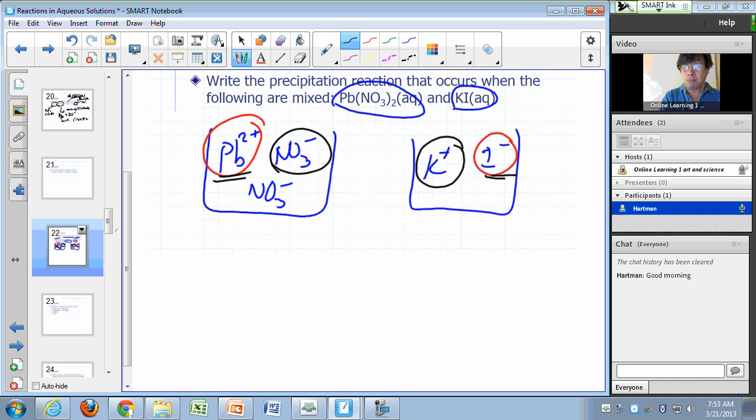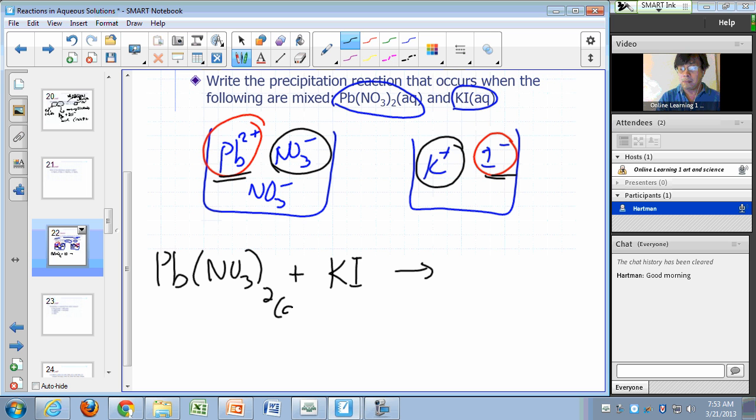So if you were to mix lead nitrate plus potassium iodide in aqueous solution, then this combination of lead and iodide will give you something that's insoluble in water. So the product you get here is PbI2.